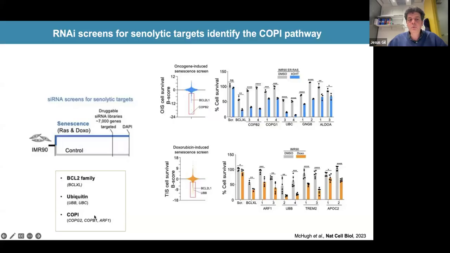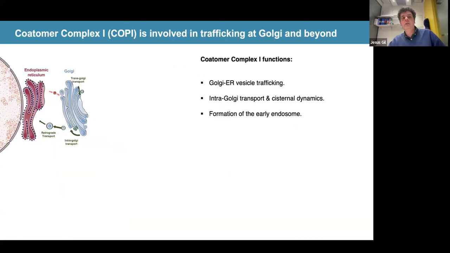And the other thing that we found is multiple components of this COPI pathway that at that time we were unfamiliar with. What is COPI? This is the coatomer complex I. It is a pathway involved in vesicle trafficking. It regulates the trafficking of vesicles between Golgi and ER, so retrograde transport, but also ER to Golgi, and formation of early endosomes and other vesicle dynamics.